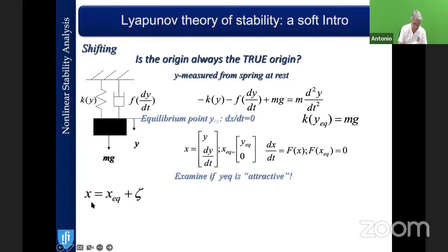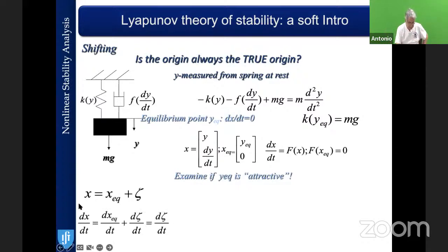So how do you perturb? You say x is equal to x equilibrium plus some variable. It's just a shift of variables, a change of variables. So psi is the difference between x and x equilibrium. I'm not doing this for small perturbations. I mean, the psi could be quite large.